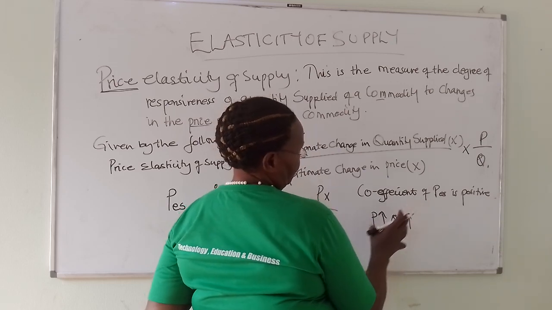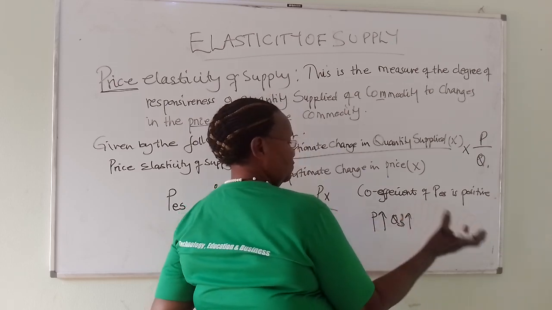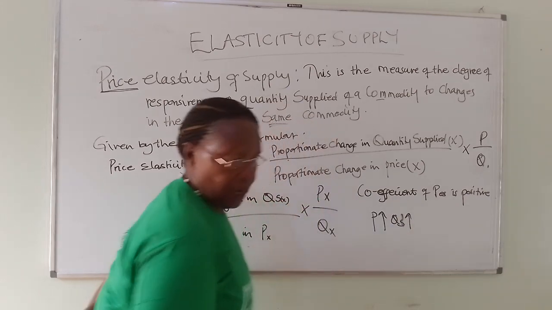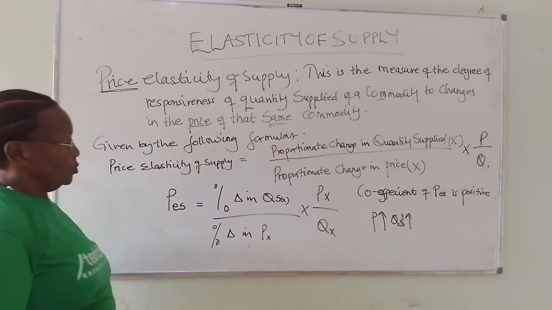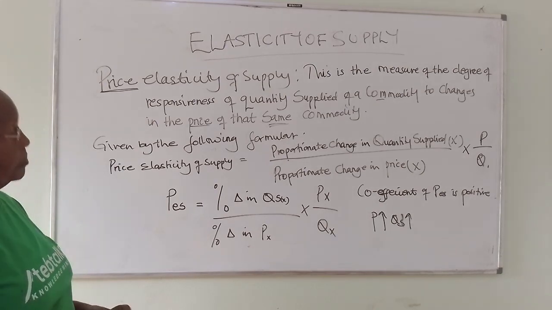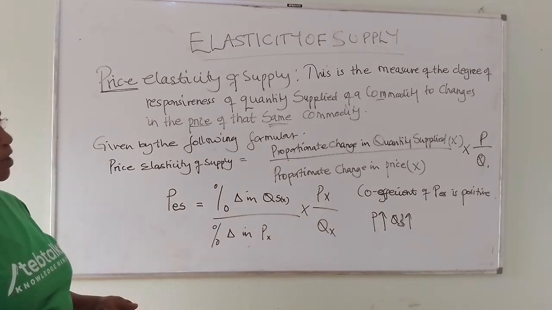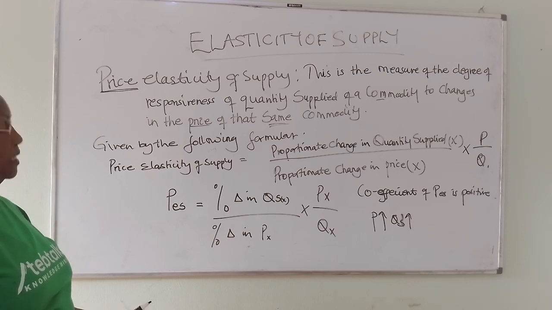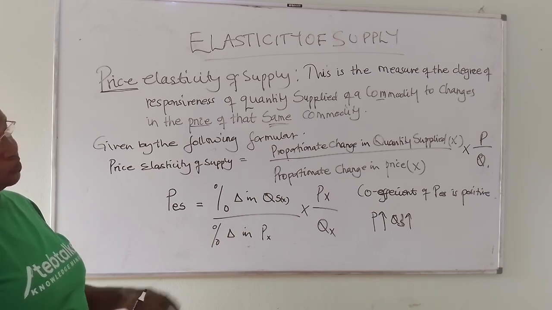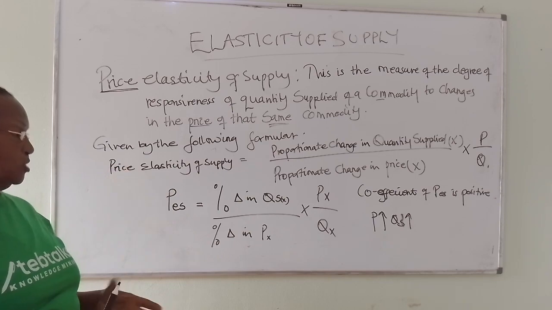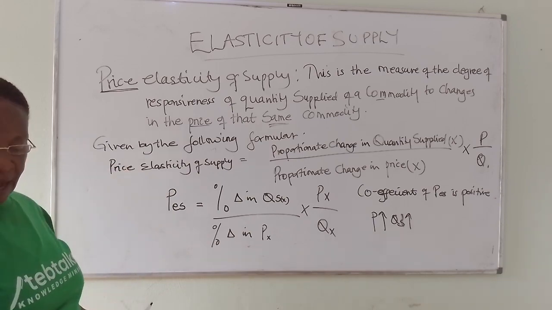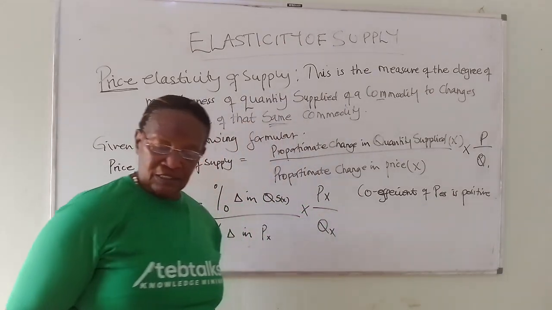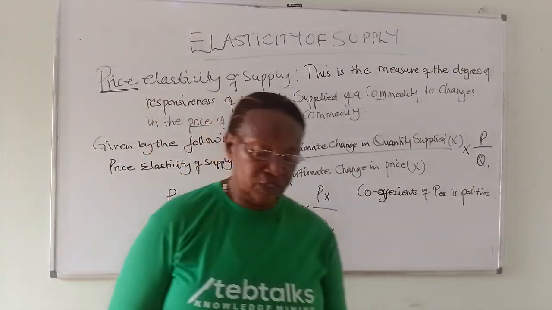So if you are dividing a positive with a positive, it will be positive. Negative with negative, again it will come to be positive. So that's why our formula is a positive one, and the coefficient we calculate will be positive, not negative, and that is because of the direct relationship between price and quantity supplied. So that is how our equation looks like.